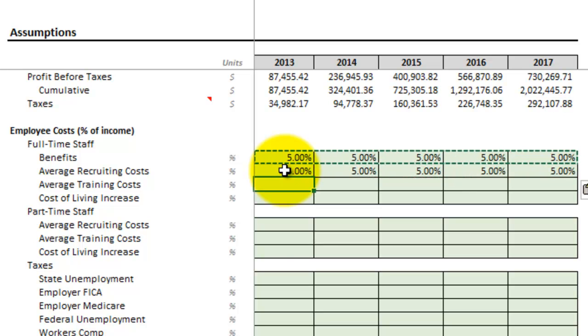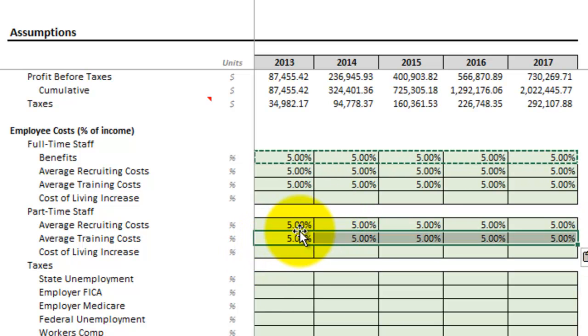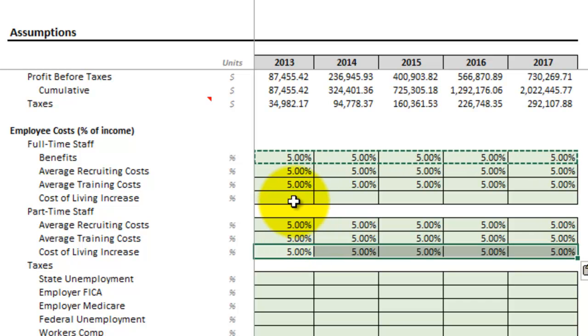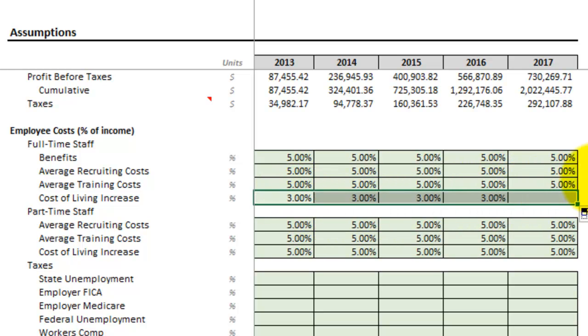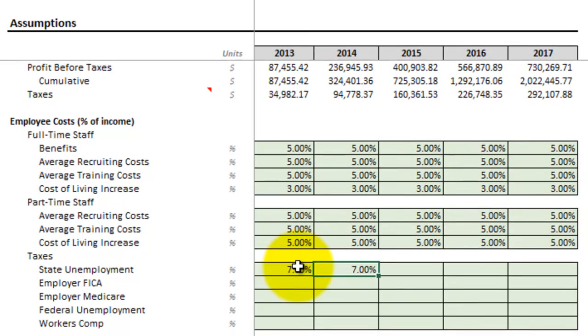Benefits. And cost of living, we said, was 3%. And finally, all payroll taxes, we'll just go ahead and set that at 7% for now.